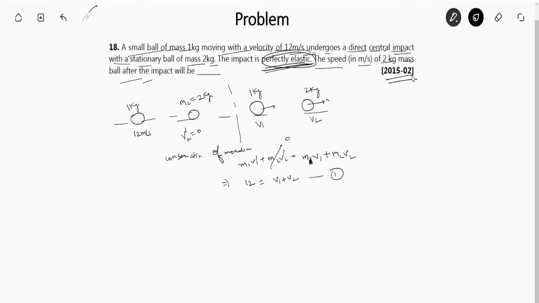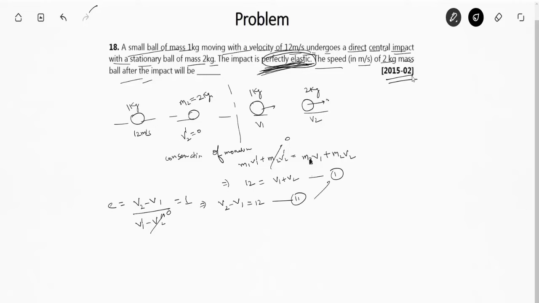Let's say this is equation number 1. Now using the relation of coefficient of restitution, since it is mentioned that it is perfectly elastic, e equals v2 dash minus v1 dash upon v1 minus v2, which is 1, velocity of separation upon velocity of approach. So we can write v2 dash minus v1 dash equals v1 minus v2, which is 12. So this is equation 2.